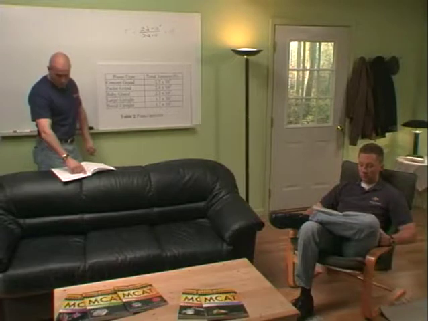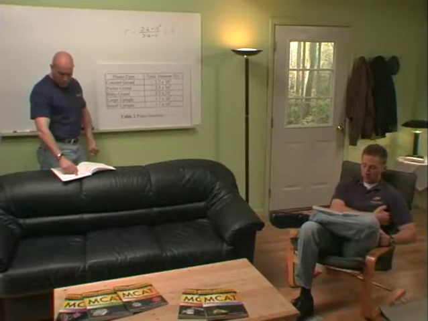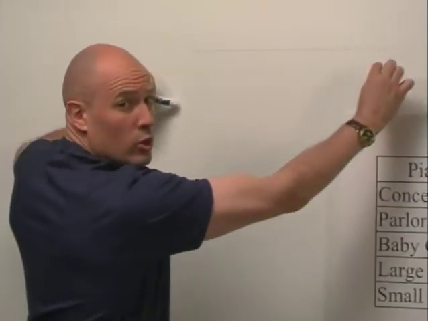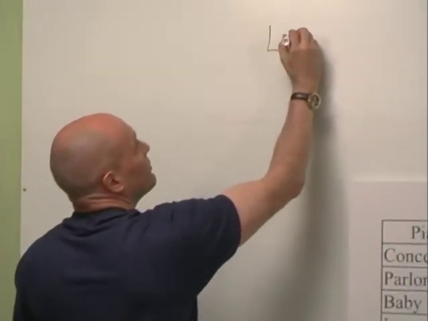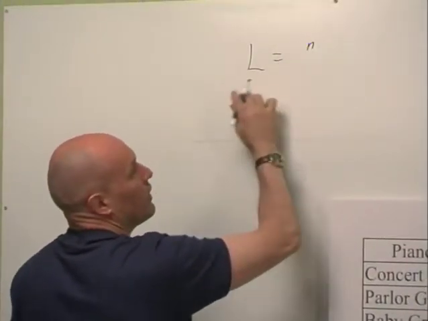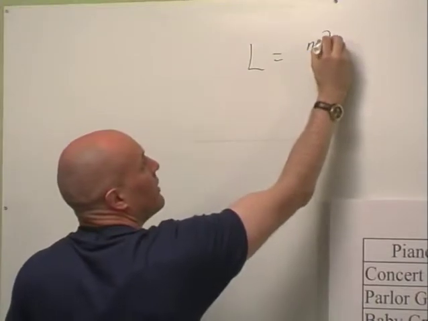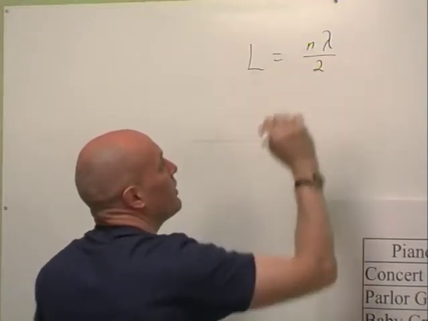Question 62. If the fundamental frequency of a wire is 440 hertz, what is the frequency of its third harmonic? You need to know the formula for this, and actually it's one of two formulas. In the case of a wire, both ends are tied down. It really didn't matter which formula you used here, but let's use the correct formula. L, the length of the wire, equals n lambda divided by 2.